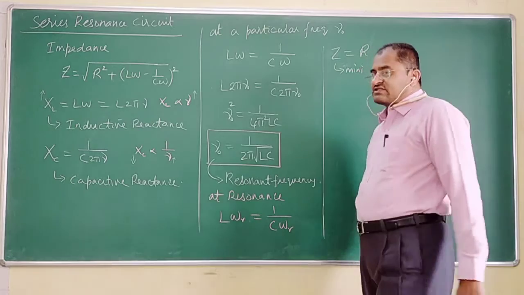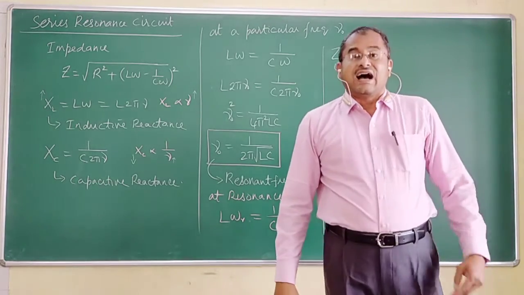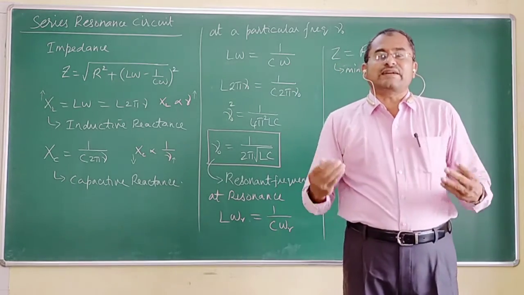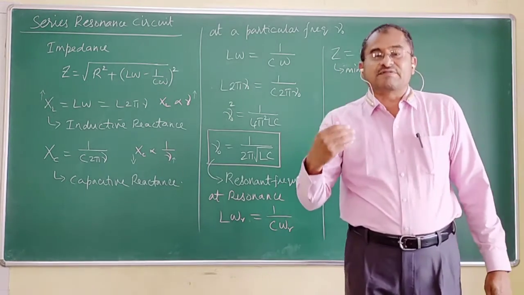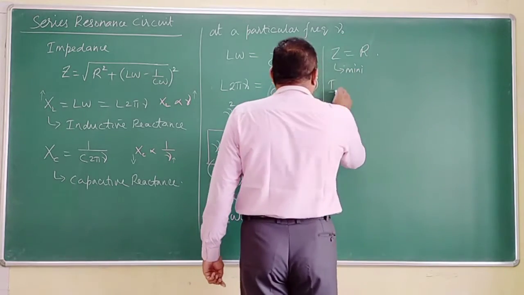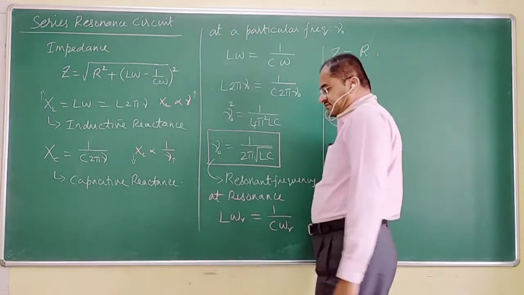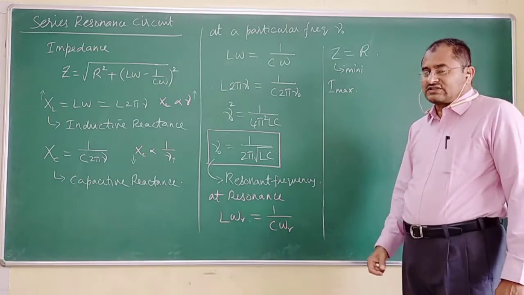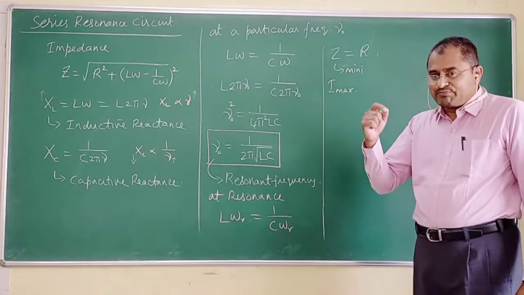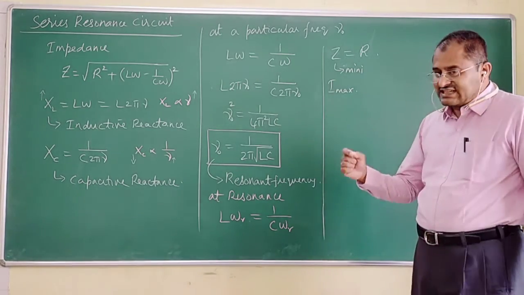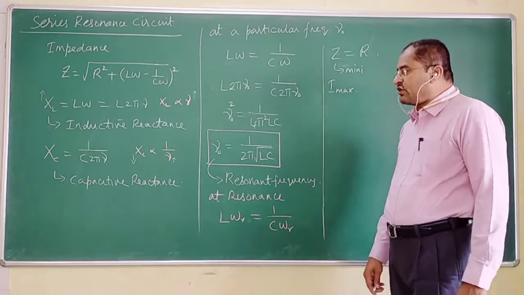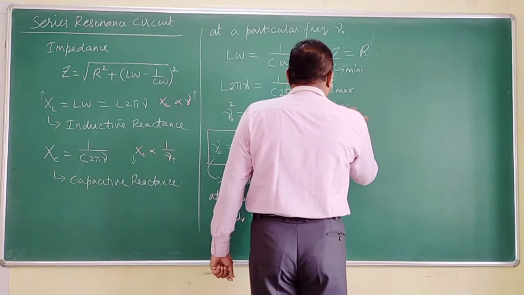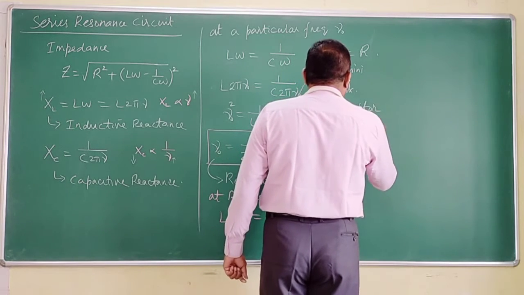When impedance becomes minimum, that is, the opposition to the flow of current in a circuit comprising L, C and R becomes minimum, current will become maximum. This means that in the LCR circuit at series resonance, impedance is minimum and current is maximum, and therefore an LCR circuit at resonance is also called an acceptor circuit.